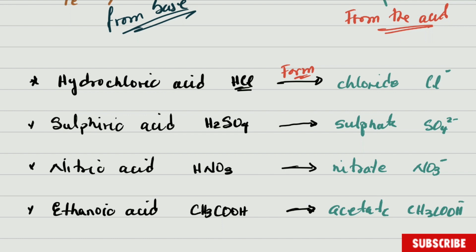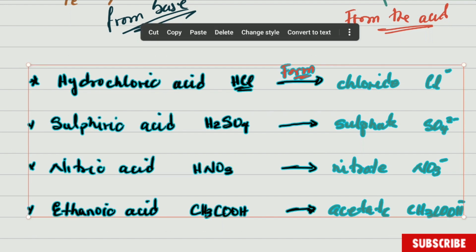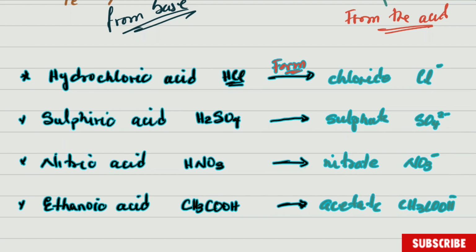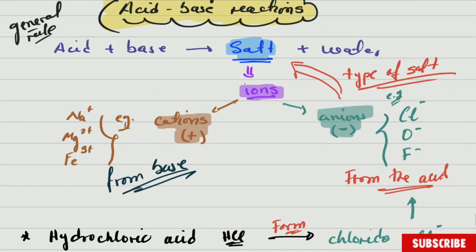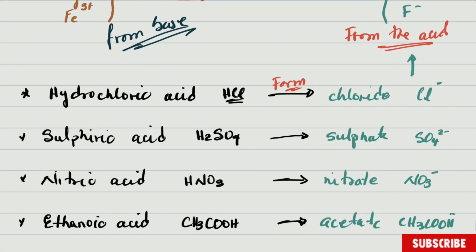This is the ion, guys. All you see here are the ions that are going to be formed in the salt according to a specific acid. So that is what is important. This will give you the type of salt you will get. Okay, so this is so far the acid-base reaction, and you now know the salt that will form.